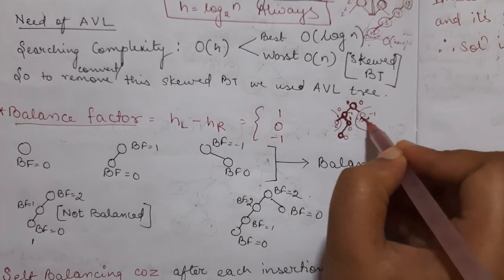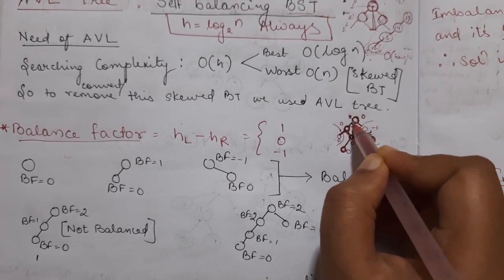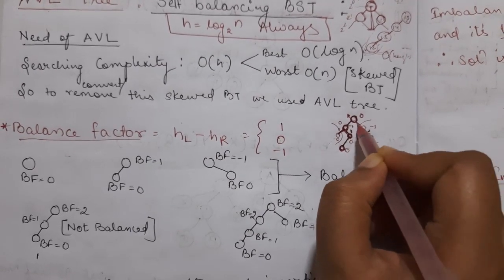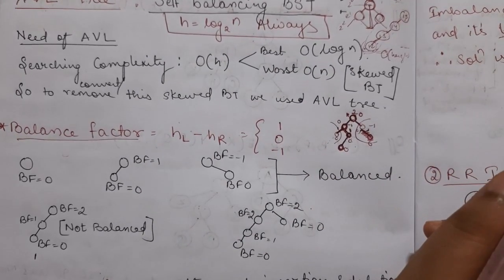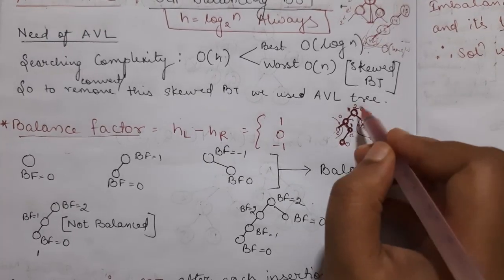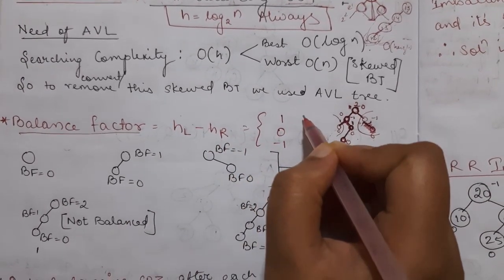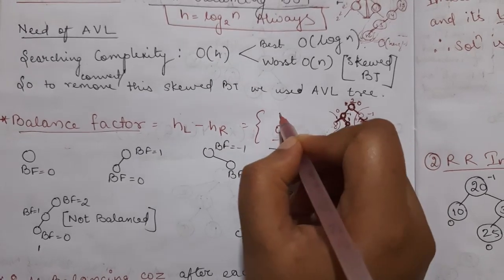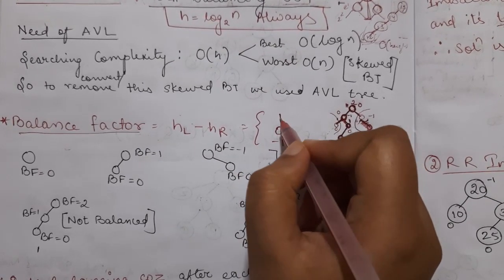Now suppose I was not having this part. Then for this node, it is 1, 2, 3 minus 1. The balance factor becomes 2. Generally, the balance factor for an AVL tree should be between minus 1 and 1.